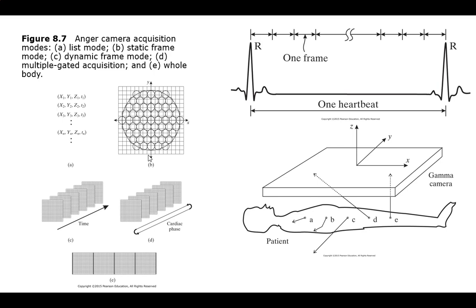Imagine I took and got a model of your heart. I could do this by taking a CT, which I can do really quickly, and break it up into these areas. I can get a heart model by hooking you up to an ECG, so I can get where in the pulse train your heart is.